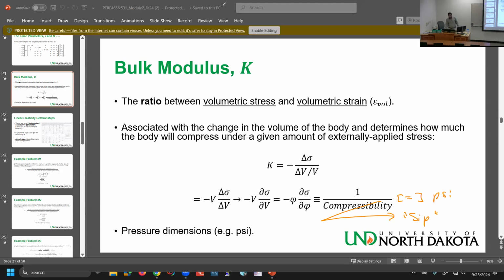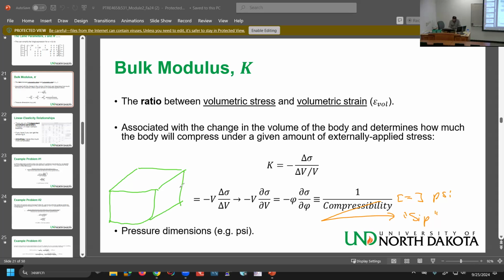And I was mentioning that we need to have a 3D perception to understand how bulk modulus works. Basically, you have an REV, and I was drawing it green, just like this REV that we have here.